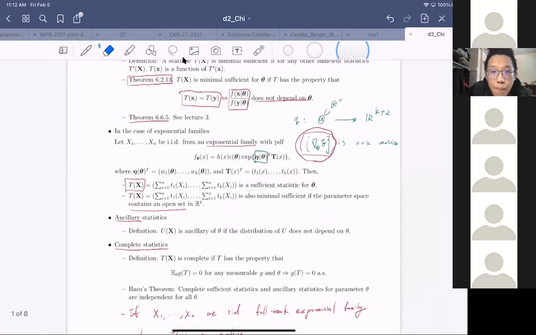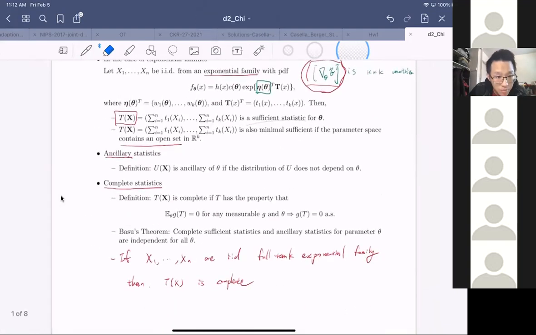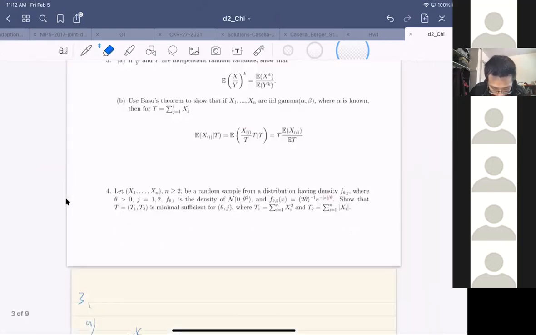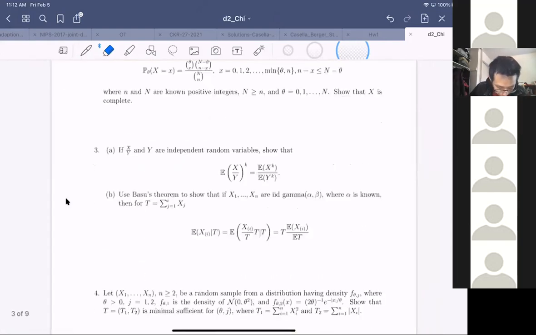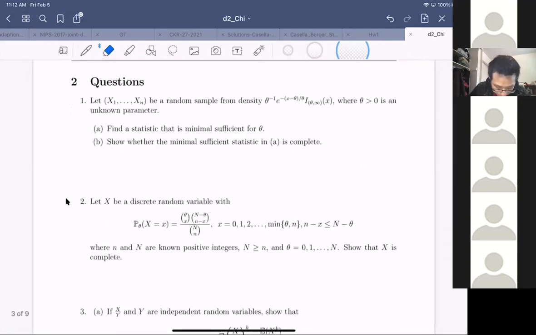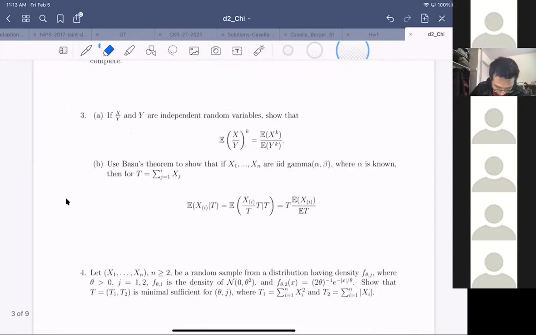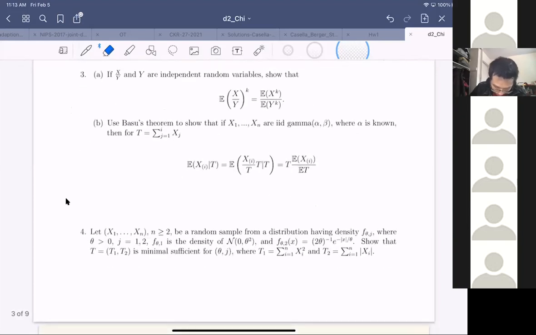Any more questions? If you don't have a question, let's go to the discussion problems. The first one is minimal sufficient.